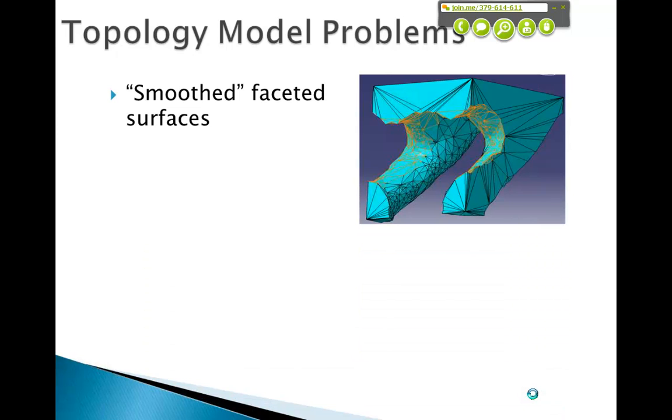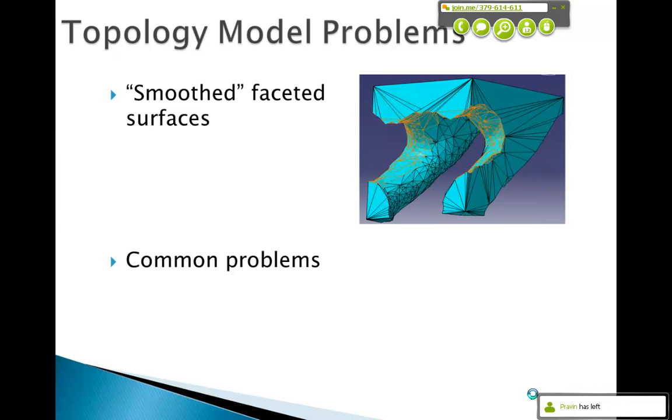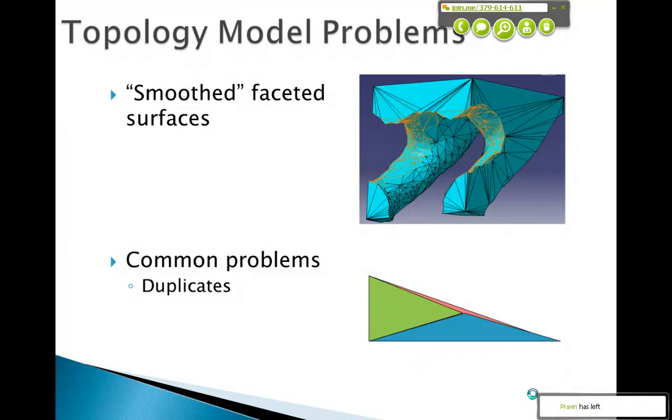From our last lecture, we talked about this notion of smooth faceted surfaces. And this is an example that Shane Larson had in his research. And if you remember, we identified some actual problems that he discovered. And those problems were duplicates.